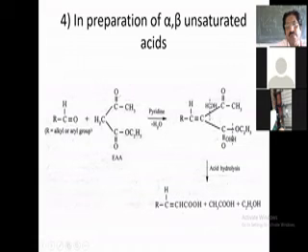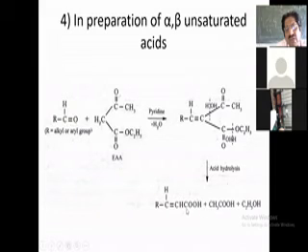This bond breaks in the presence of water, and here also it breaks. That is what we call acid hydrolysis, and based on that you are getting this. So this is what is called alpha beta unsaturated carboxylic acid, or unsaturated acid.